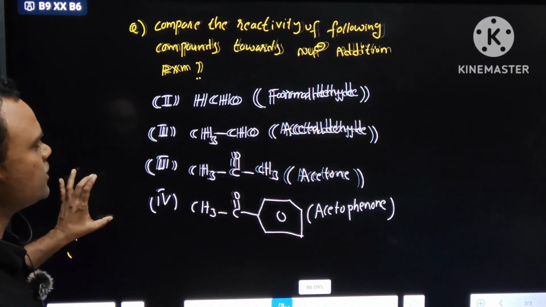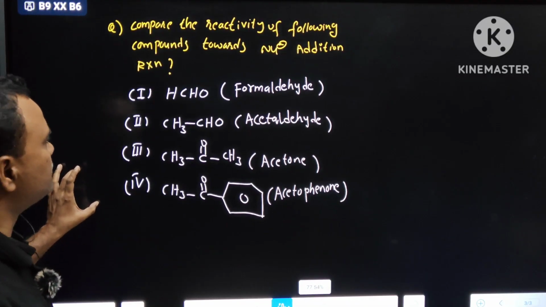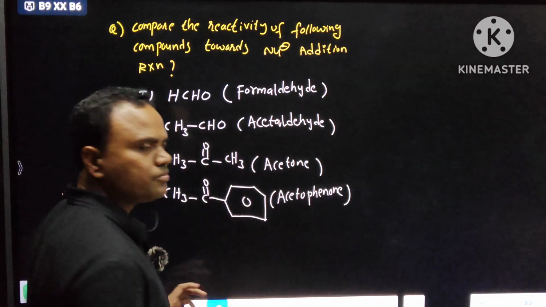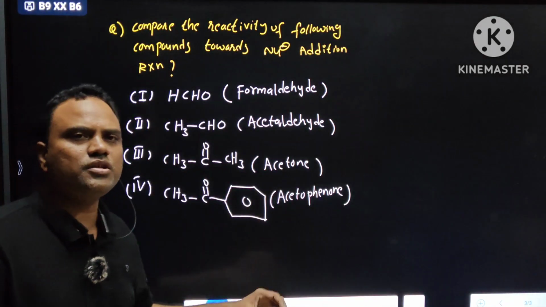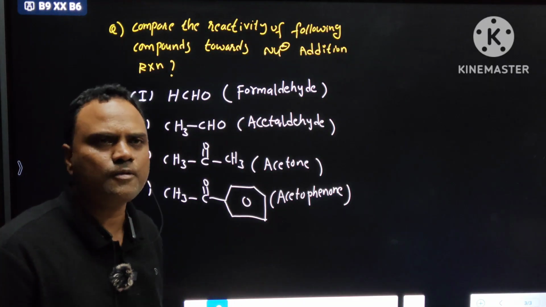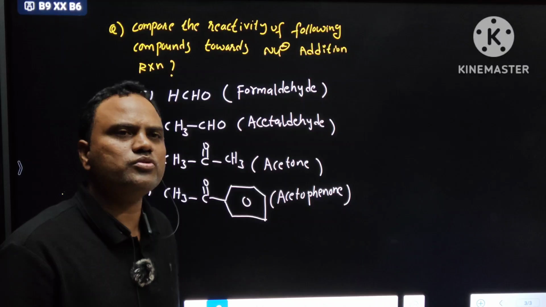Okay, let us see the reactivity order. Reactivity comparison. Clear? So according to our previous discussion, aldehydes and ketones, which are more reactive towards nucleophilic addition? Obviously aldehydes only, because in aldehydes large positive charge is present.